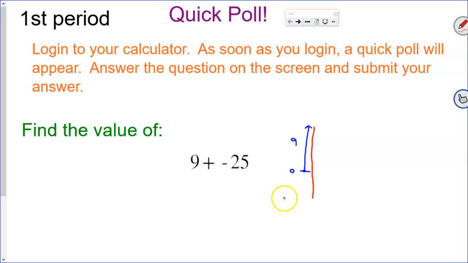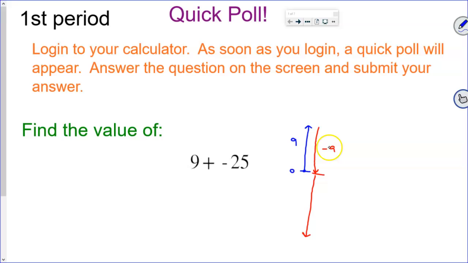And I want you to think about what this is going to look like. We're kind of breaking this up into two pieces here, because the first 9 that I'm going to be going down are going to get me to 0. I still have to go down the rest, and it's that rest that's going to tell me how much more I need to go. So we kind of talked about how can we see the 0 pairs in a number line? We kind of can.